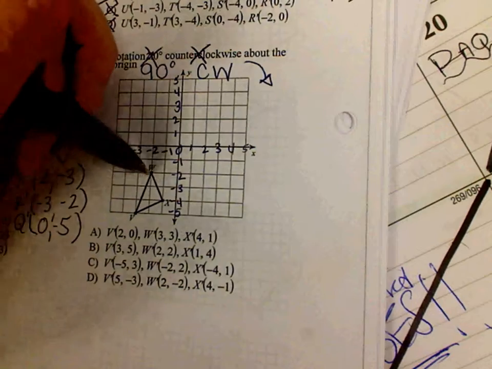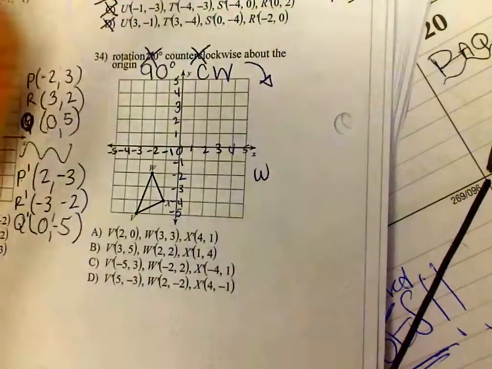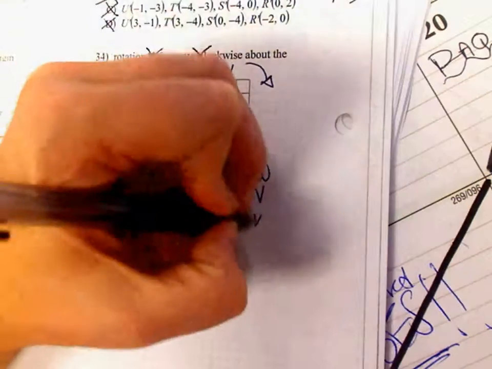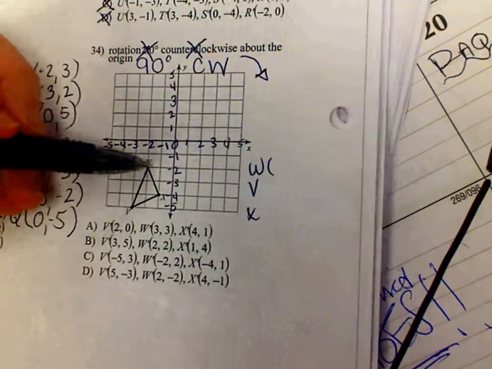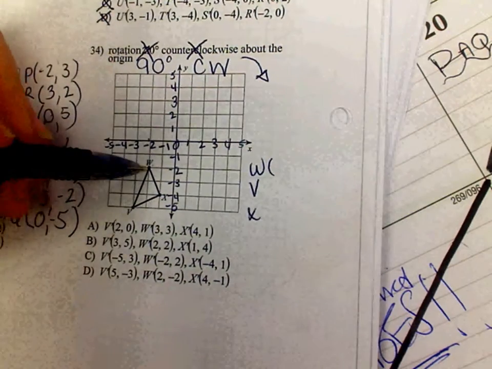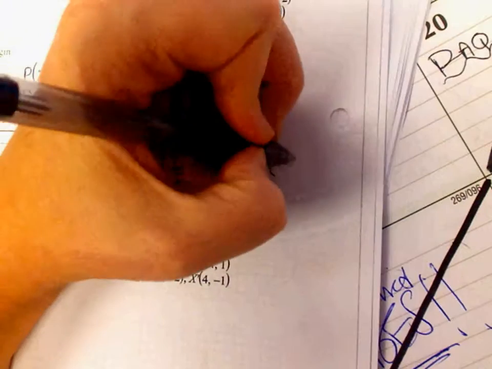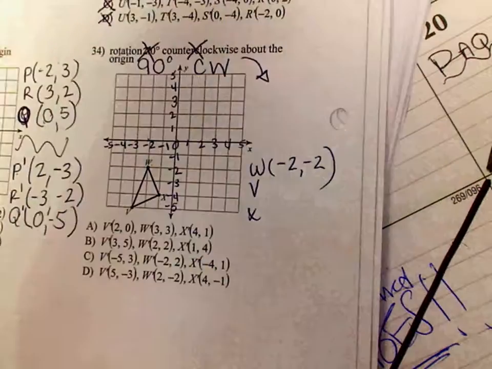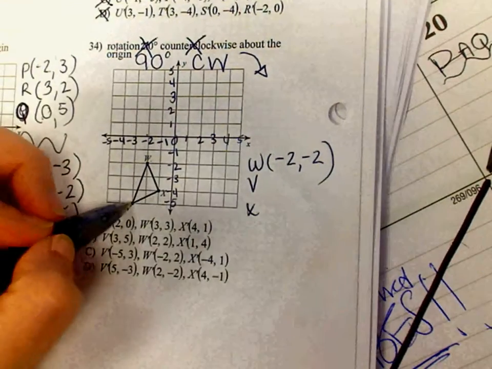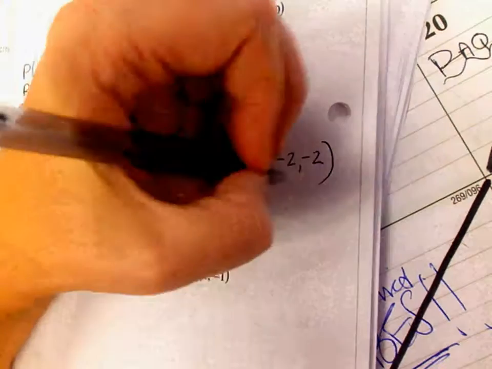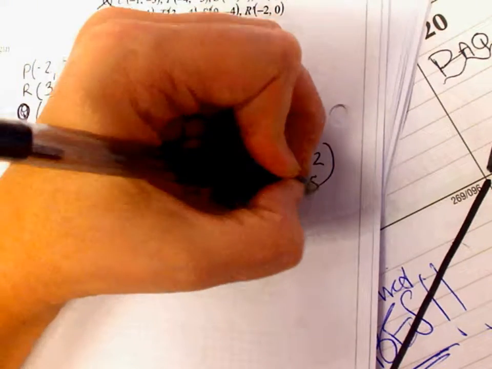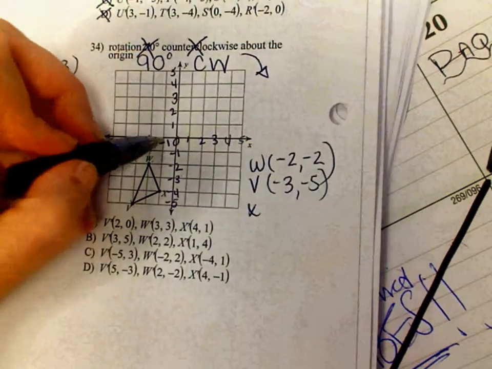The coordinates for W, V, and X. W is at -2 on the x-axis and -2 on the y-axis. V is at -3, -5. X is -1, -4.